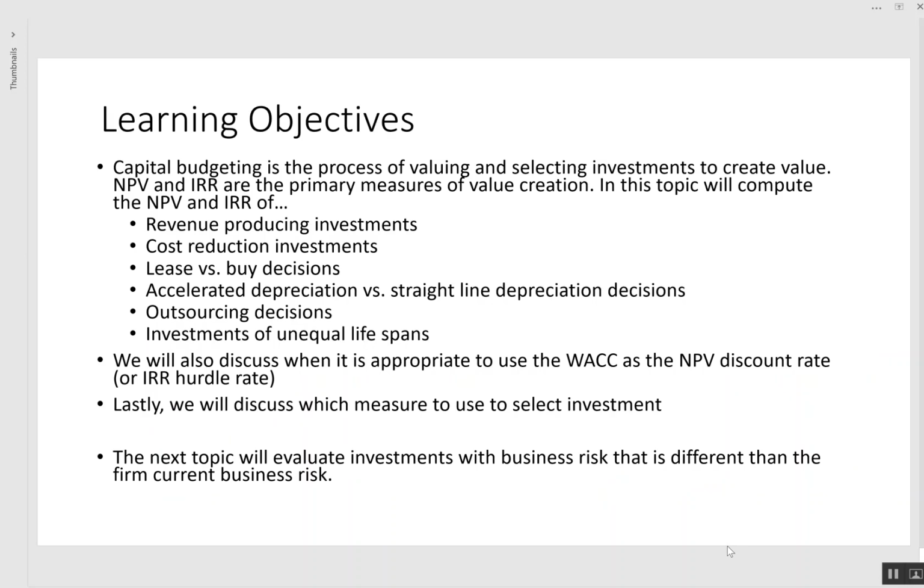So in this topic, we did capital budgeting by calculating free cash flows, deciding whether to discount at the WACC or discount at the after-tax cost of debt. And we looked at revenue-producing investments, cost reduction investments, lease versus buy decision, depreciation decision, outsourcing, and investments of unequal lifespans.